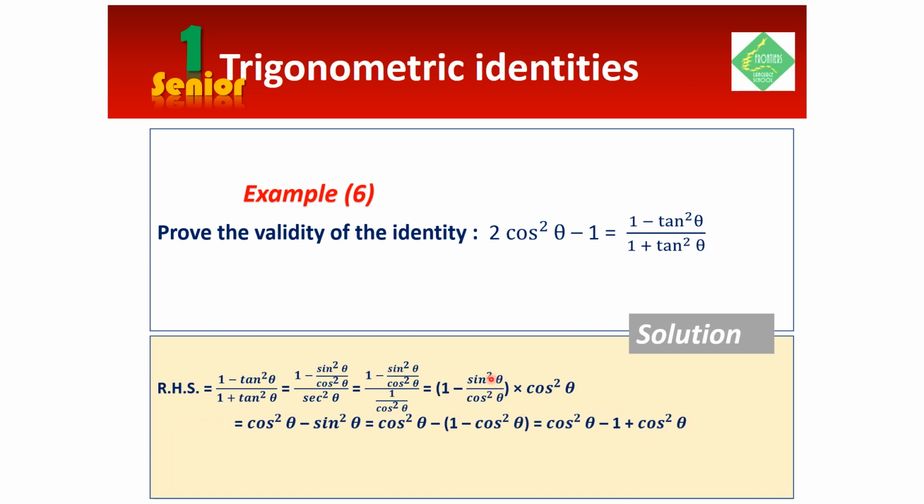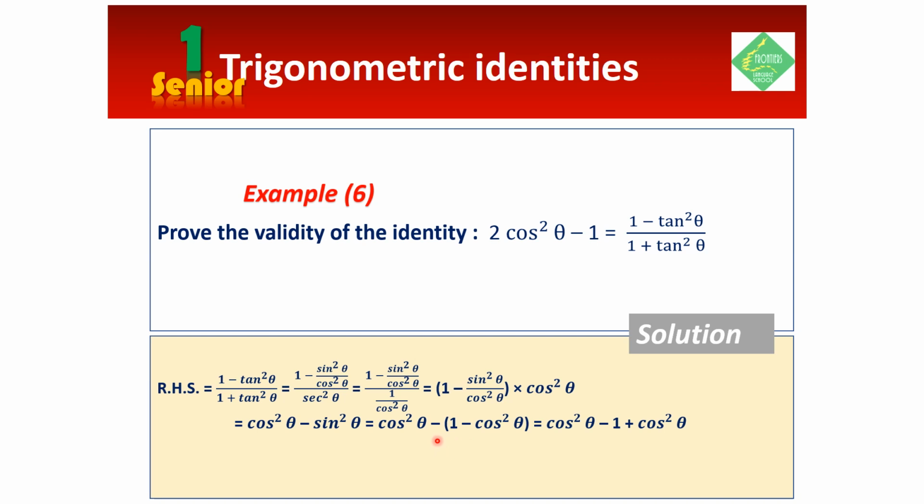And cosine multiplying sine over cosine square, it will be eliminated together, and the result will be sine square. Now, I see at the left hand side cosine only without any sine. So I will replace sine square theta by 1 minus cosine square theta. So it will be cosine square theta minus, open bracket, the replacement of sine square is 1 minus cosine square.